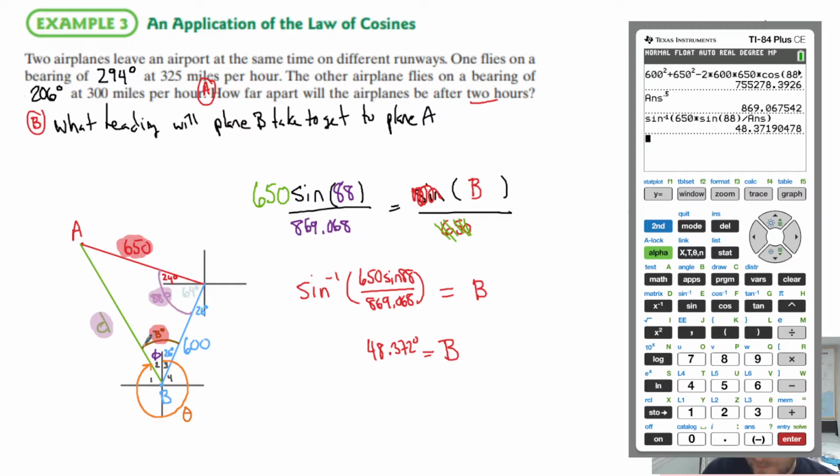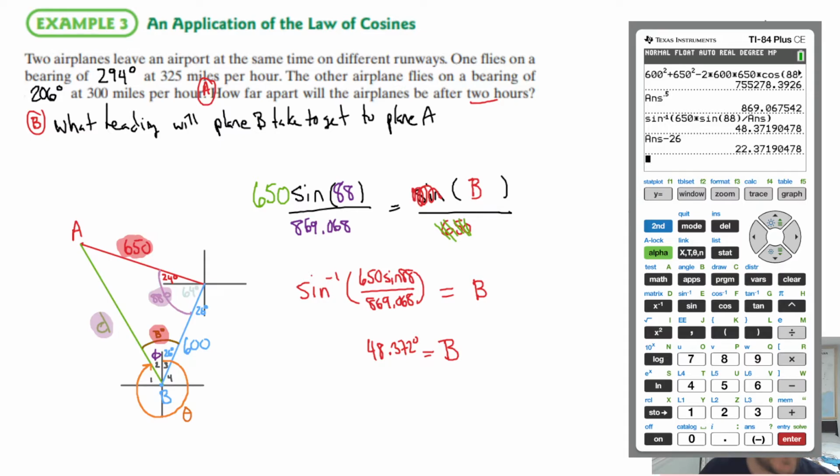So what does that mean? That means all of angle B is 48.372. But I want phi. So to get phi, we're going to do the 48.372 minus the 26. Oh, clicking on the wrong thing. Okay, so 22.372 is now the part that I really care about. That's the angle I'm calling phi, or the angle that I'm calling number 2.